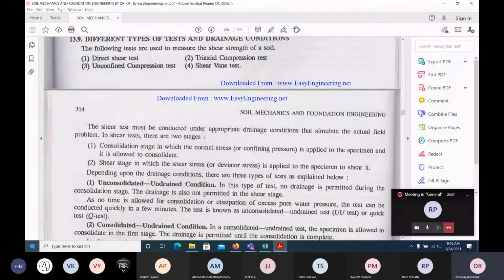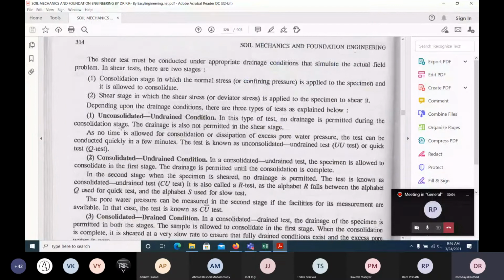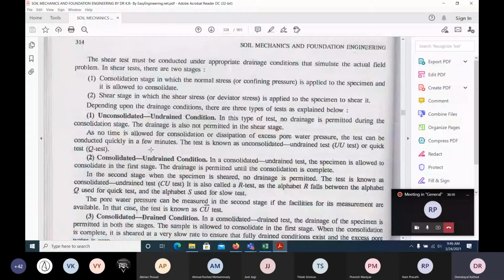This generally we will not follow in the direct shear test, but in the triaxial test we follow these conditions. So these conditions are very important. They will ask in all interviews. Okay, there are three conditions. Condition in the sense we conduct this triaxial test in these three ways.